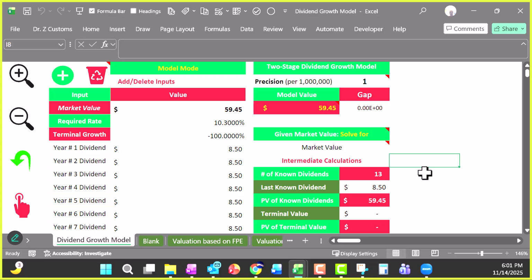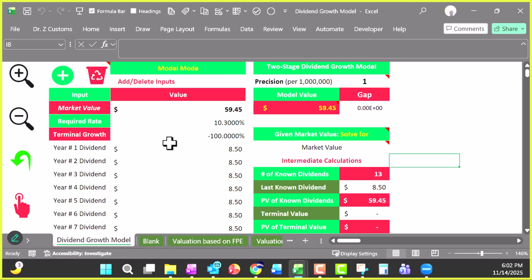Sometimes companies actually issue securities like these. They say, I'm going to pay you dividends for the next 13 years, but after that I'll pay you nothing. They can issue another security that says, I'll pay you nothing for the first 13 years, but after that, I'm going to pay you eight and a half. Can we, for example, figure out what that is?